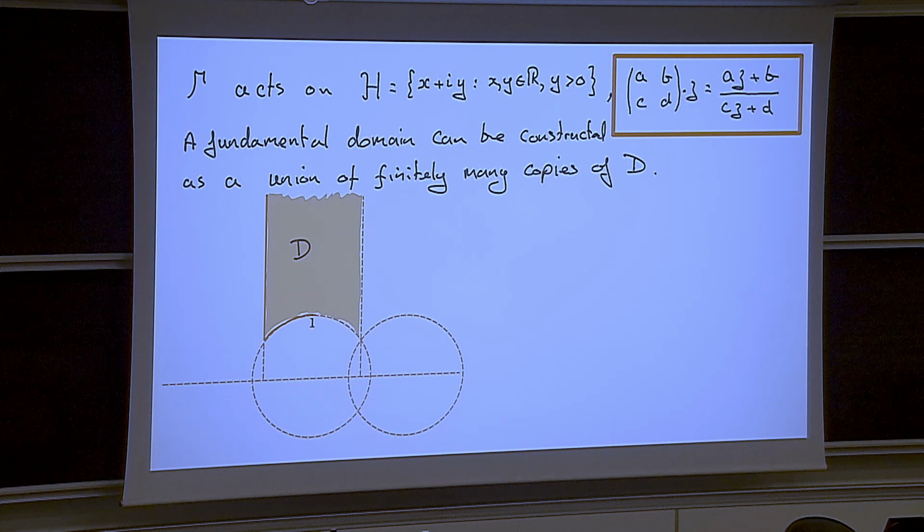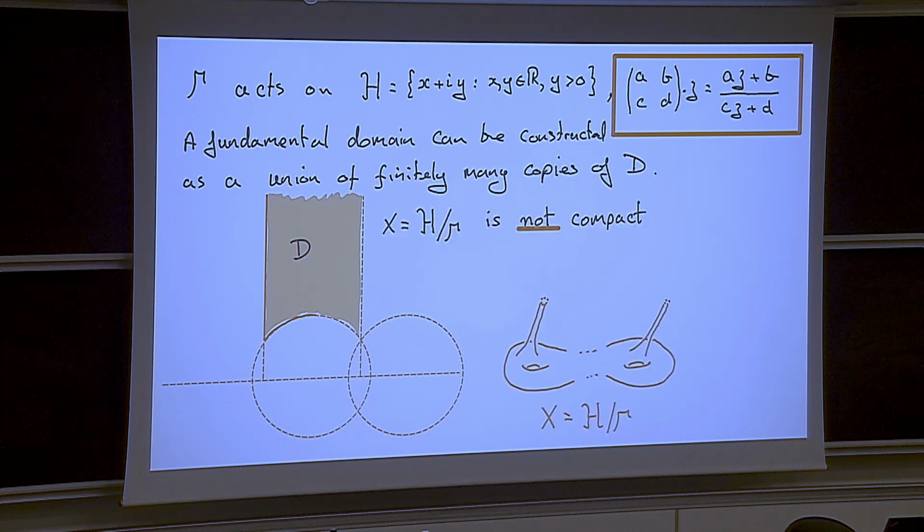I want to tell you what cuspidal cohomology means in this particular setting. But before I do that, let me try to draw the picture that I have in my head. So if anybody wants to correct my picture, do, because this is a genuine request. The picture I have then is you have the upper half plane quotiented.